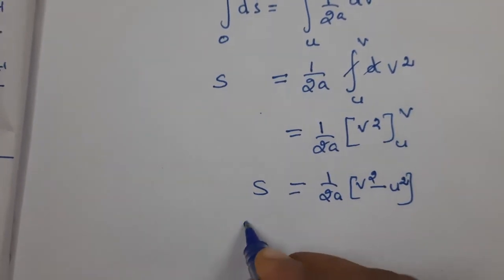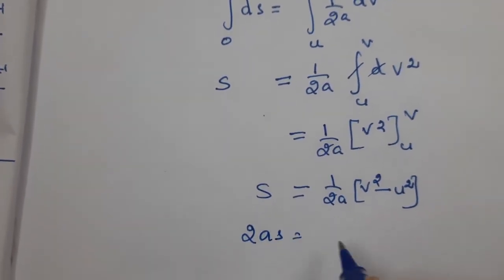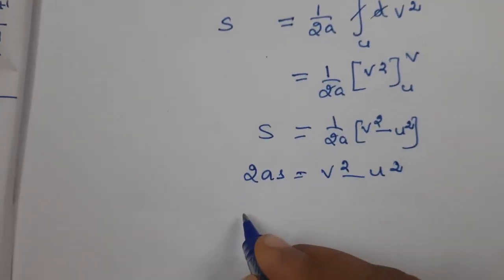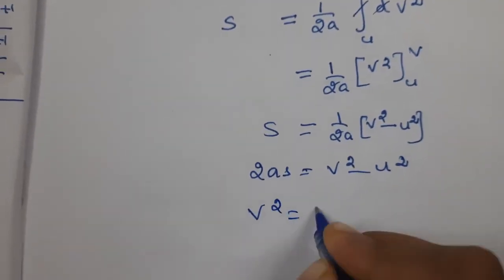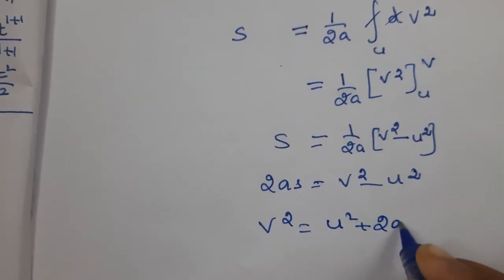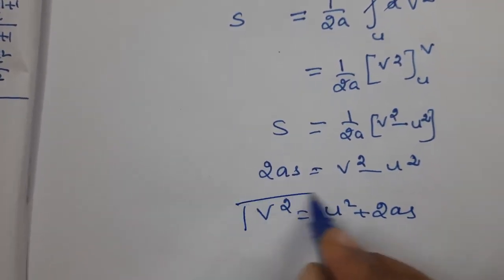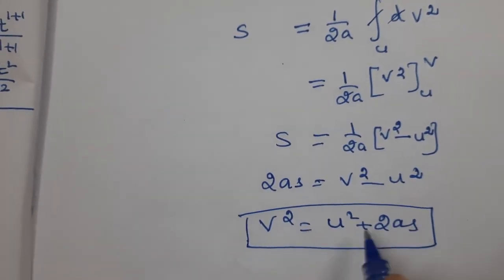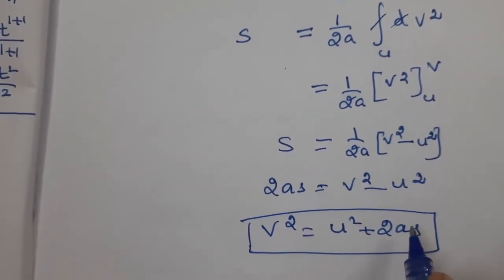Now we can rewrite 2as is equal to v square minus u square, or else v square equal to u square plus 2as.